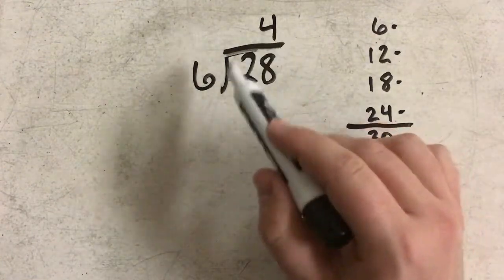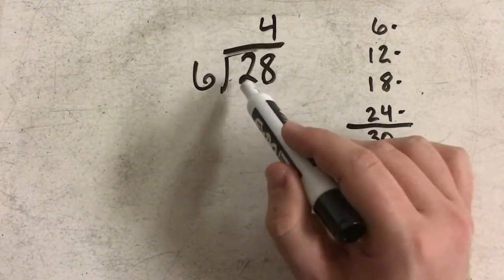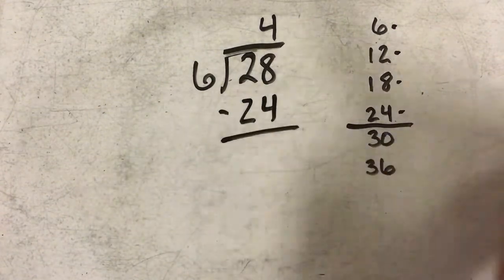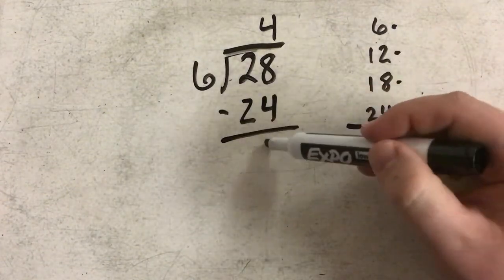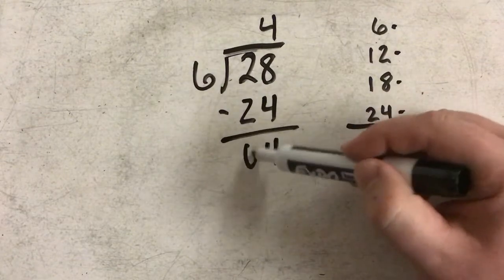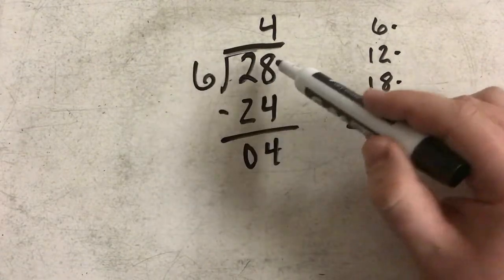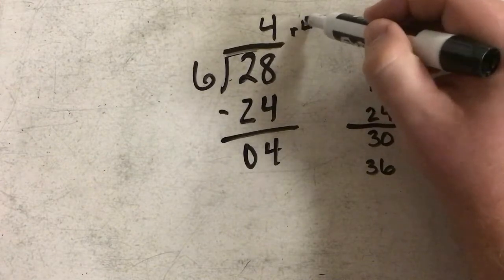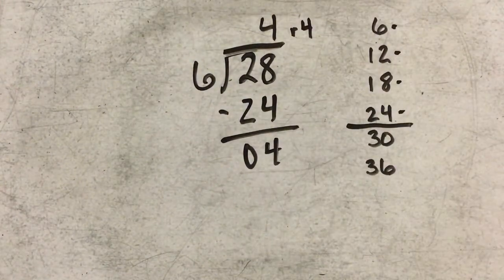And I want to know how many I have left over. So 28 take away 24 would leave me with 8 minus 4 is 4, and 2 minus 2 is 0. So I would say that 6 divides 28 4 times with a remainder of 4.